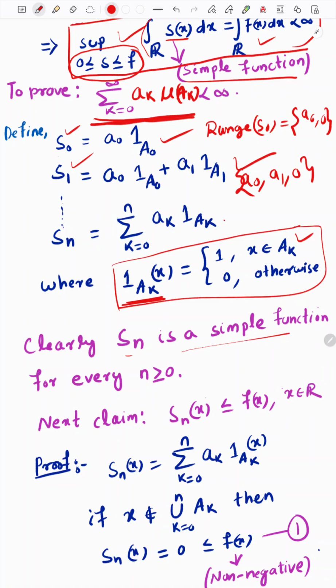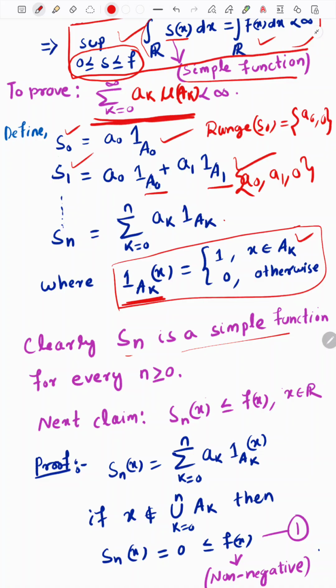It is not a_0 plus a_1, because these sets are disjoint. One can wonder why a_0 plus a_1 is not coming: x can lie either in A_0 or in A_1, or it may lie in neither.